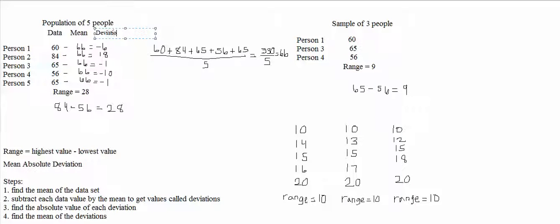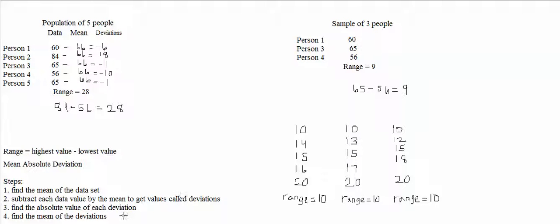So I'll write deviations right here. I'll erase this. This is just the work we did to get the mean of 66. So now we've already finished the first two steps. We found the mean of the data set and we subtracted each value by the mean to get the deviations.